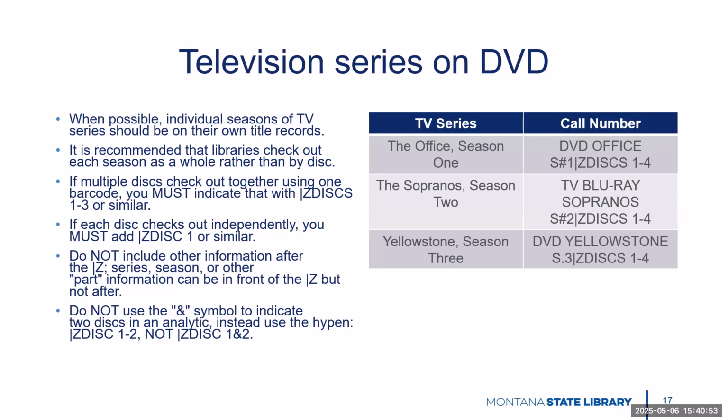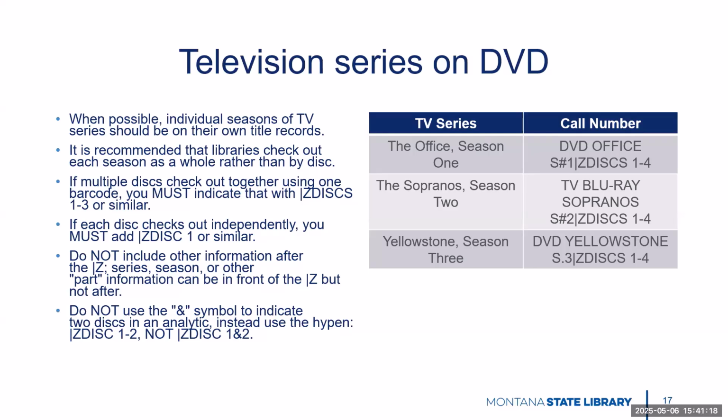Please note that just like with some of the other items we've talked about, DVD television series that have one item or barcode listed from a library will be assumed to include all discs in the set. So the system administrators may add the bar Z to fix holds and cataloging issues on these records.